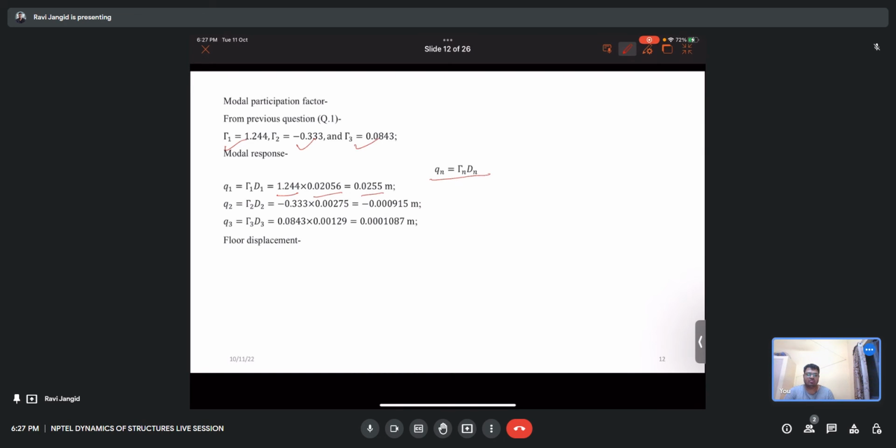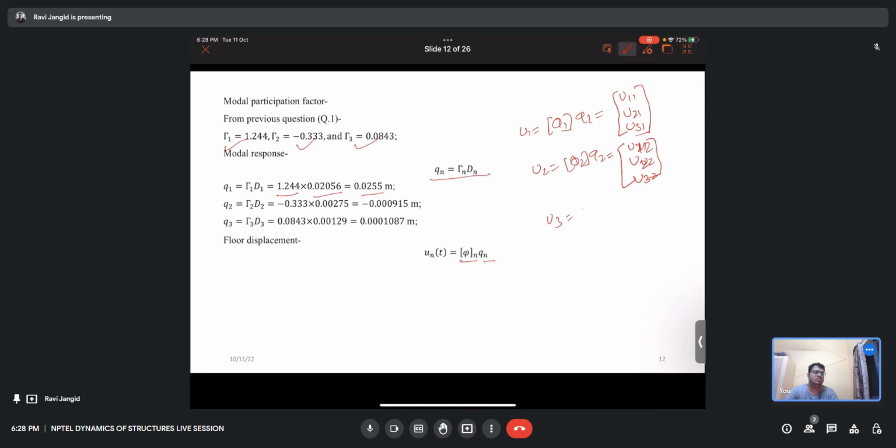Now after getting this modal response, we can calculate the floor displacement. The floor displacement is given as u_n(t) equal to phi n times q_n. So for the first mode that is phi 1 times q1, that will give us u11, u21, u31. For the second mode phi 2 times q2, that will give us u12, u22, u32.